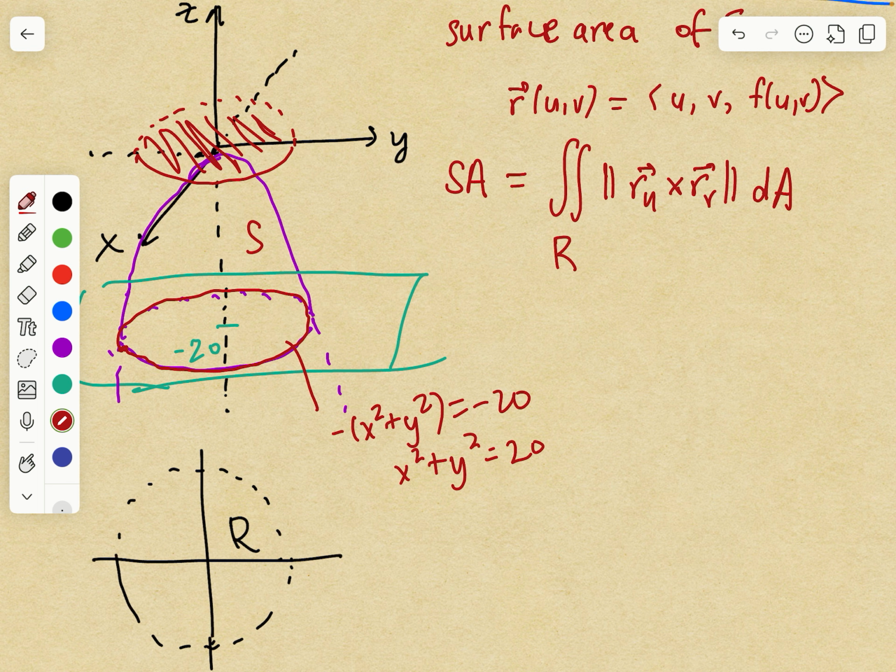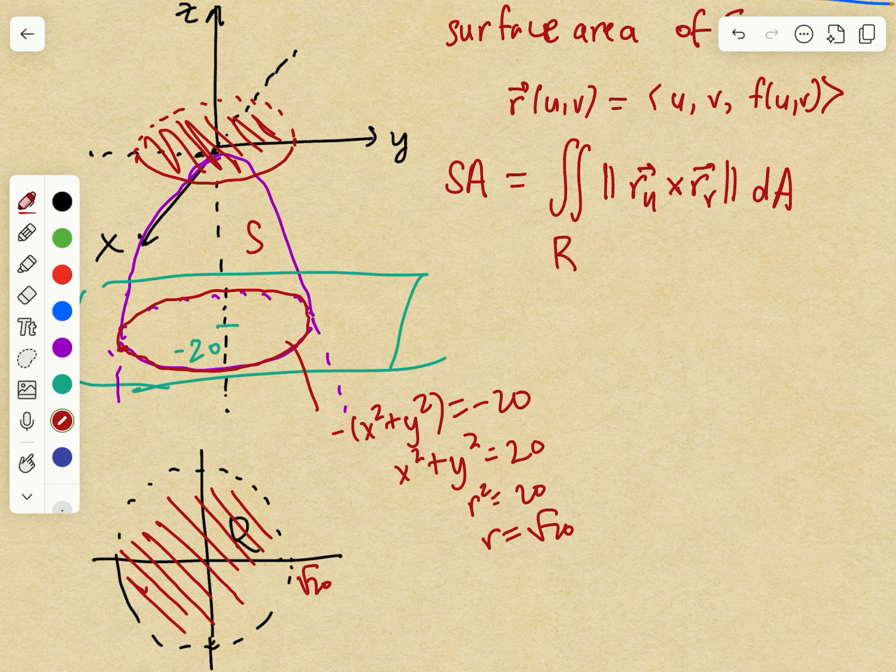Because this circle centered at the origin is x squared plus y squared equals r squared. So r squared is 20, so r is positive, r is the square root of 20. So you have this region where the radius is the square root of 20. Okay, that's what R is.